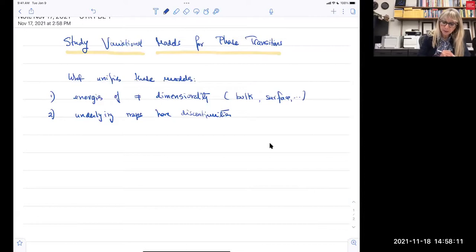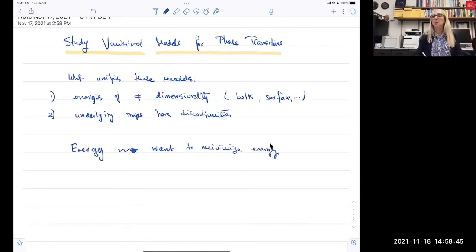Okay, so the bottom line here is that you have an energy, and we are going to take the approach that equilibria in the quasi-static case, so no time dependence. So in the quasi-static state, fields like to minimize energy. Okay, so that's what we understand as equilibrium states.